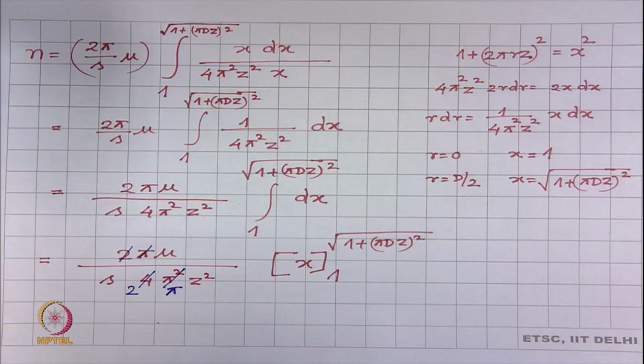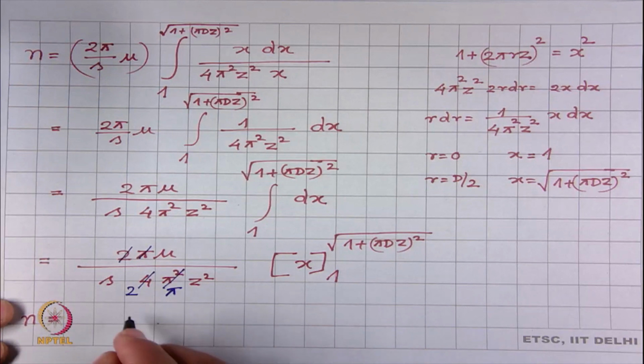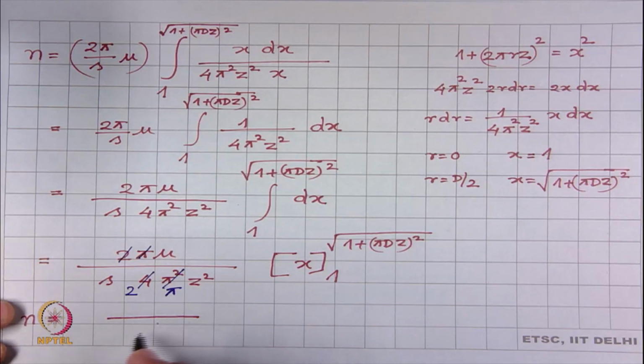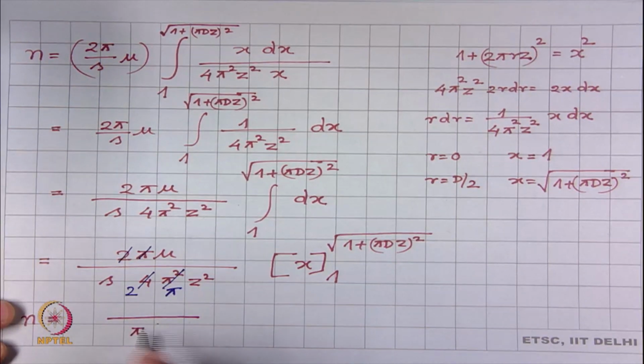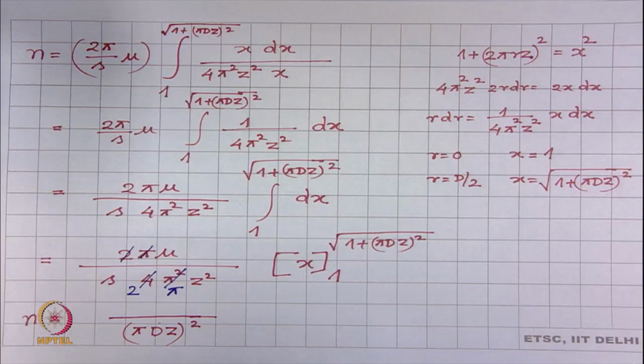So, what we do, n is equal to, let us write it here as pi dz square in the denominator. If we write pi dz square in the denominator, then what will be in the numerator?